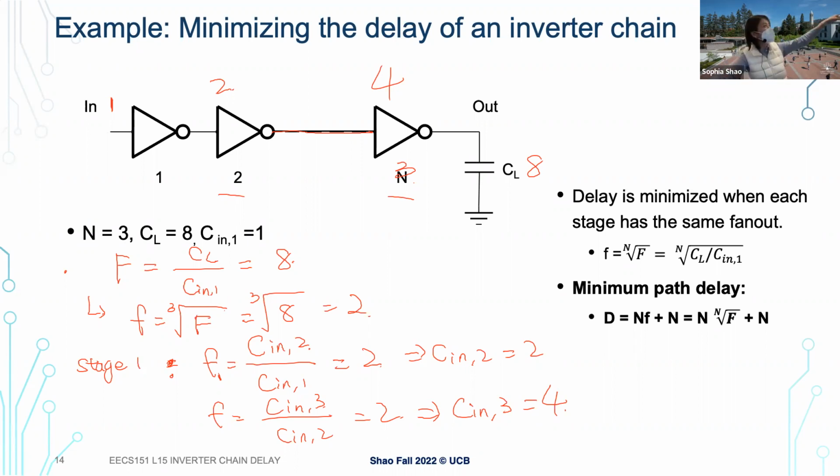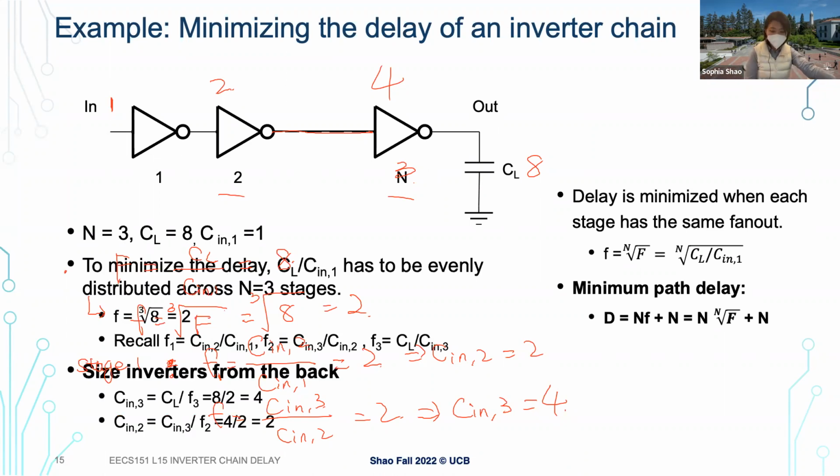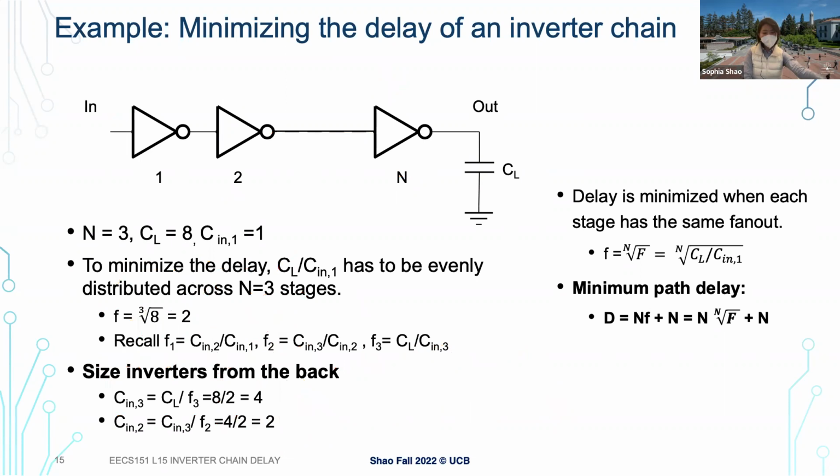So now here is the case. I think Brendan, you asked earlier, why don't we just make all the transistors as large as possible, right? There is also a balance. If you're too big, the stage before you needs to drive a huge load, so there is a balance between different stages. That's how we think about the delay of the chain.